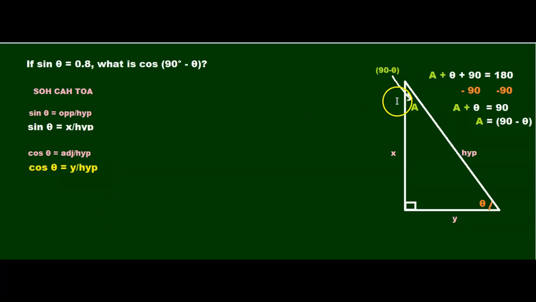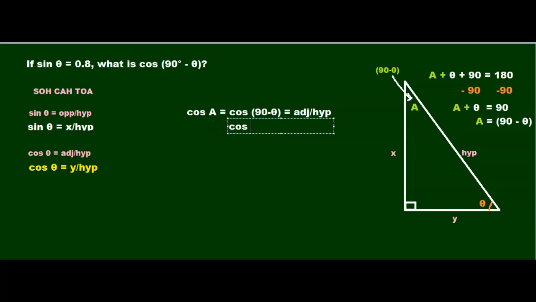Now let's consider our angle A, or our angle 90 minus theta. Let's go ahead and say our cosine A, which is also equal to cosine 90 minus theta, again equals adjacent over hypotenuse.